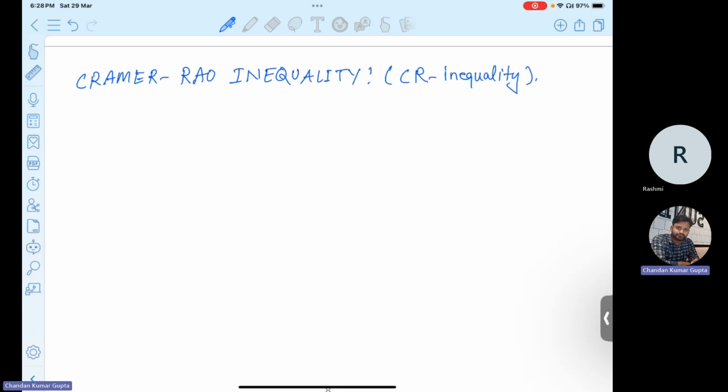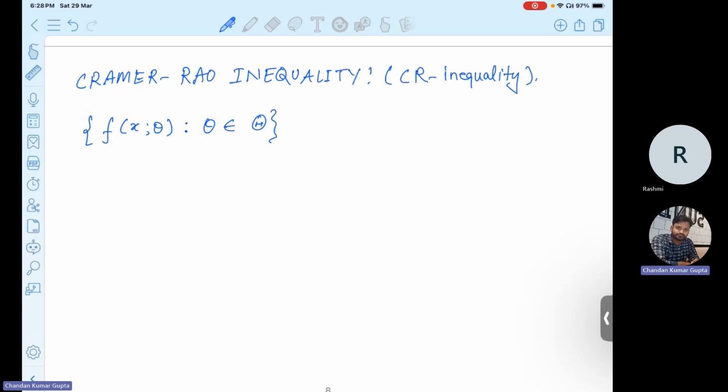Let me state it and write the mathematical form. Suppose we have a family of distributions f(x, theta), such that theta belongs to the capital Theta, which is the parameter space.